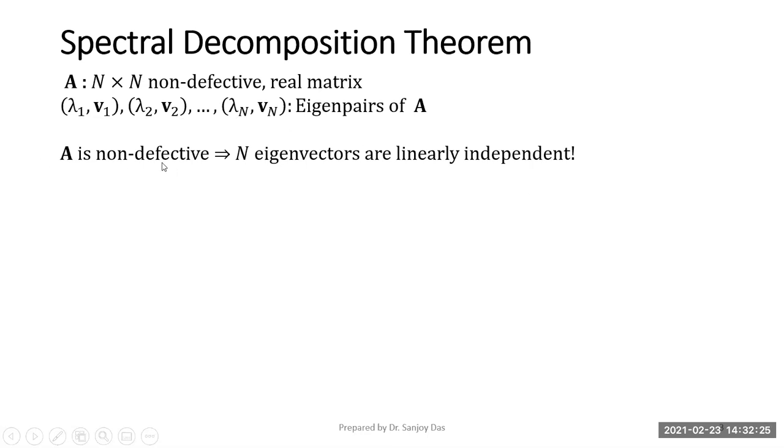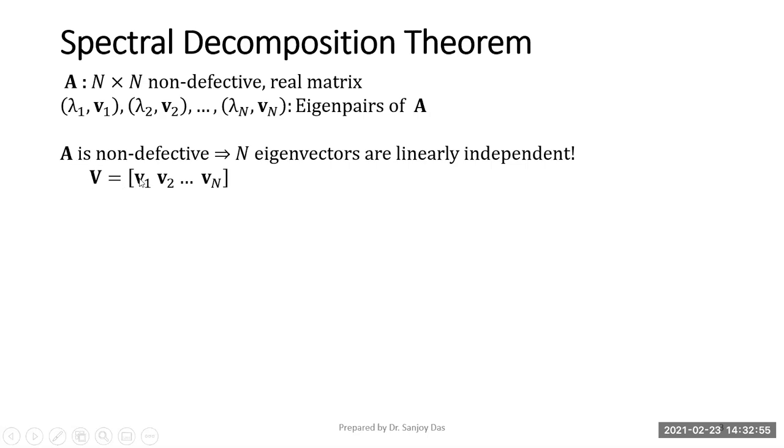Since A is non-defective, regardless of the multiplicities of the eigenvalues, there are n linearly independent eigenvectors of A. Therefore, the eigenvectors of A can serve as basis vectors for an n-dimensional vector space.